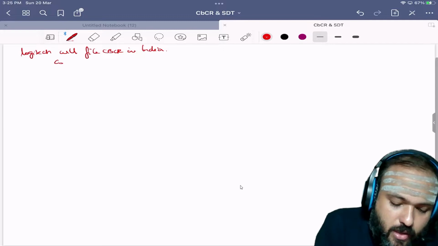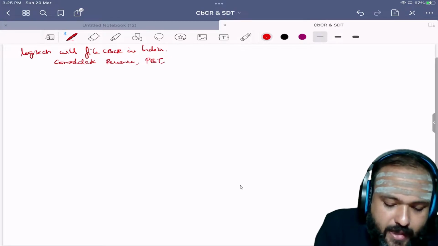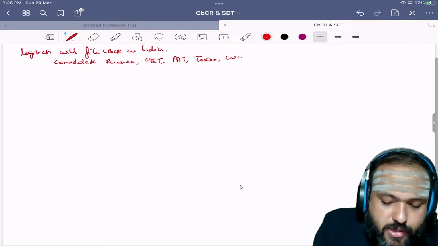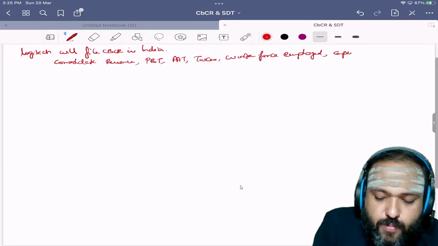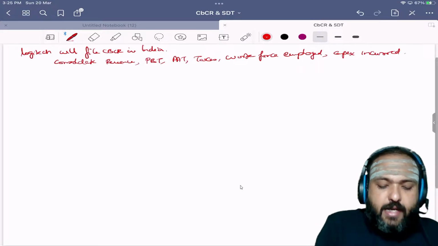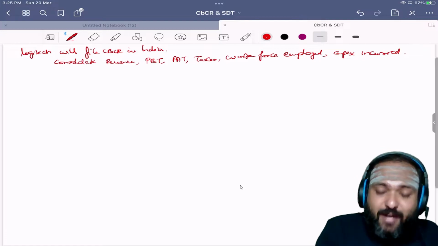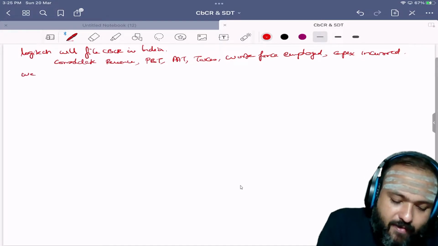They will disclose consolidated revenue, PBT, profit before tax, profit after tax, taxes, workforce employed, and capex incurred, and these details will be given. And apart from this, Logitech will also specify we have 5 subsidiaries.